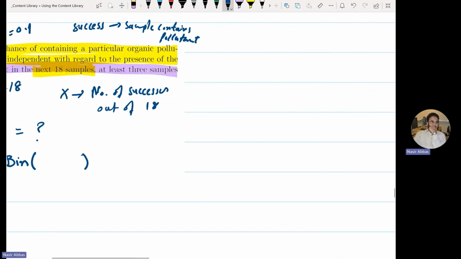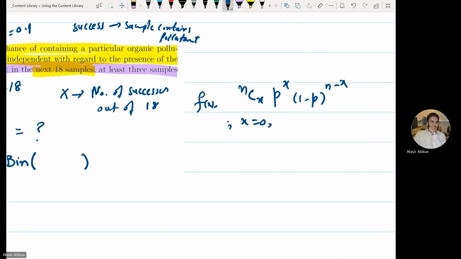When you look into the formula sheet, the mass function of binomial will be written like this. In this whole function, apart from the unknown variable x, how many unknown constants do you see other than x?